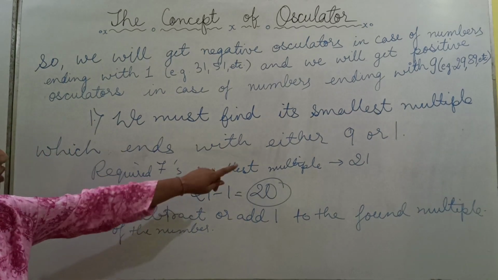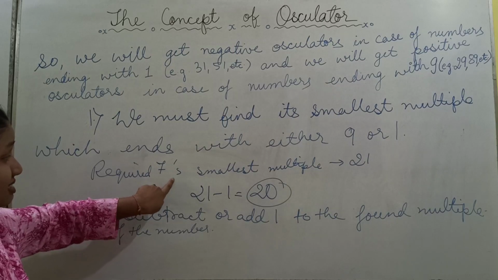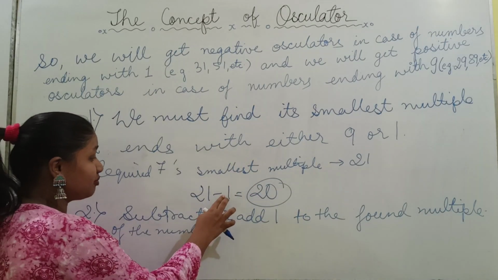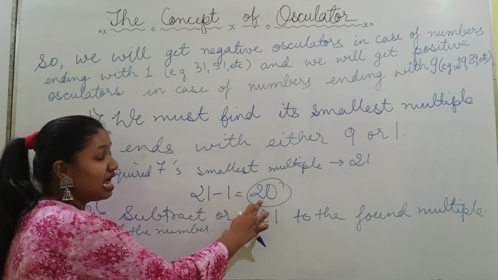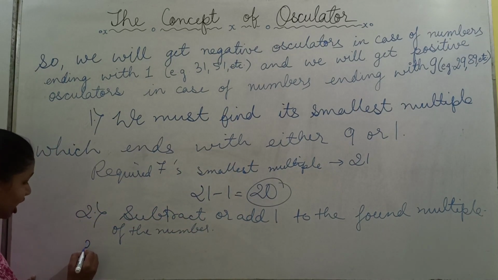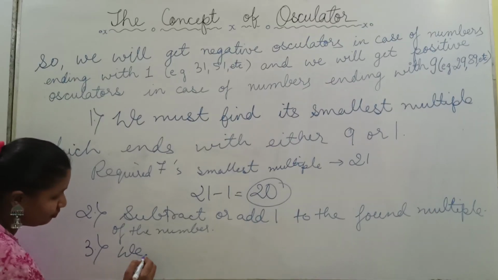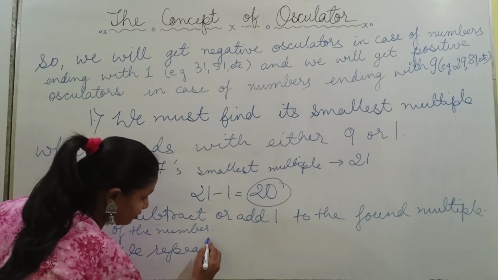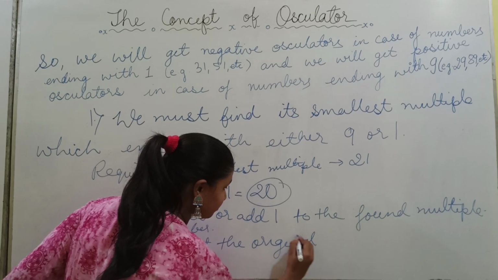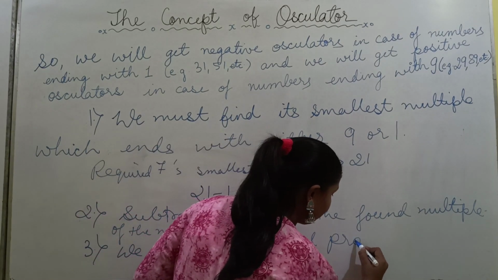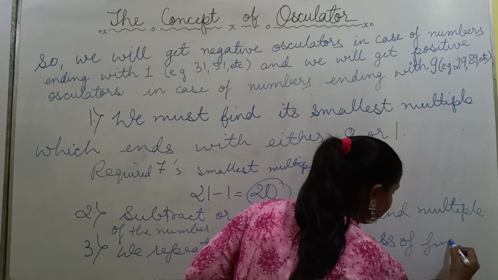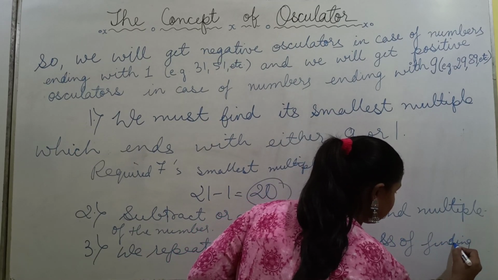Okay, so we got the required 7's smallest multiple as 21 and now we subtracted 1 from 21 and got a multiple of 10 which was 20. And now at last we repeat the original process of finding osculators.